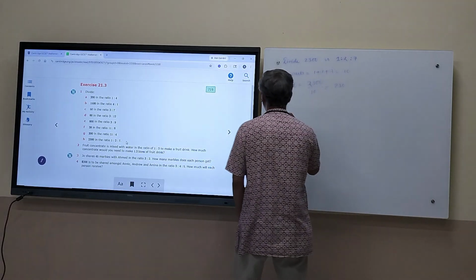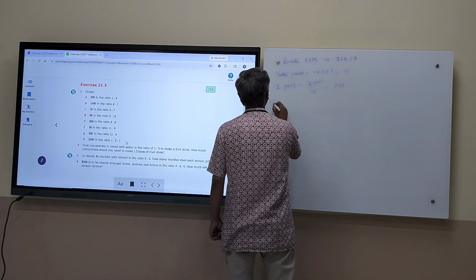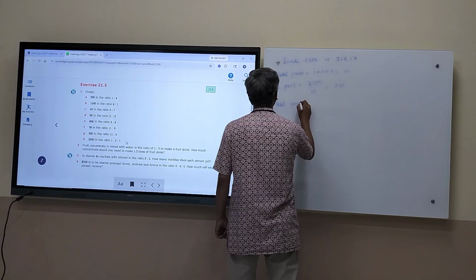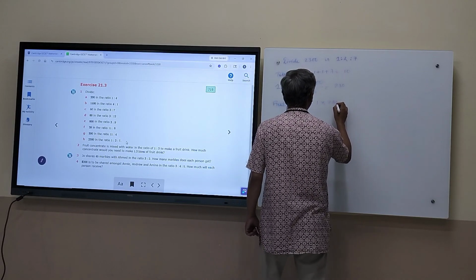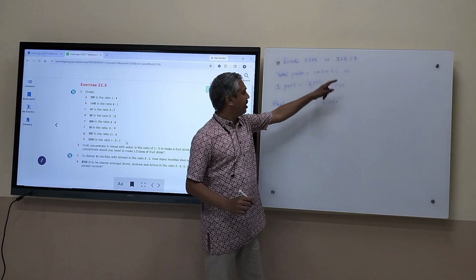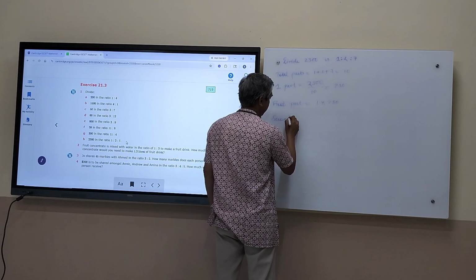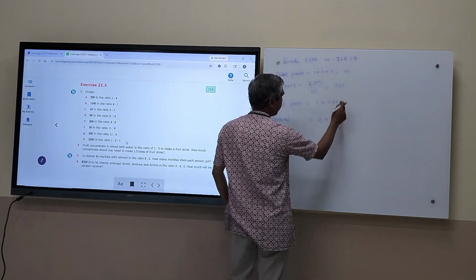Then we say that the first part will be equal to 1 into 230, that is equal to 230. The second one will be 2 into 230, that is equal to 460.